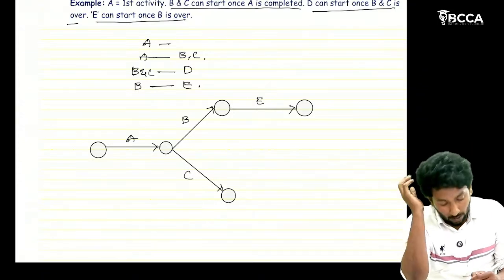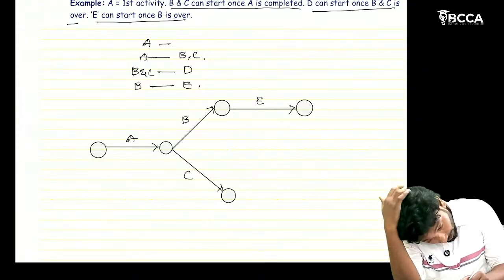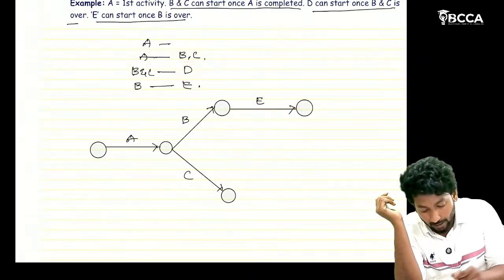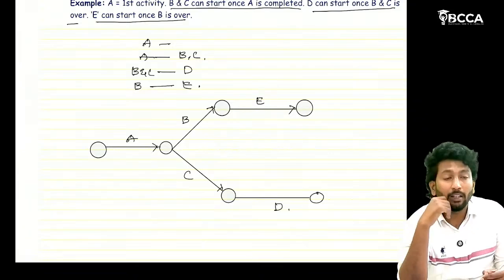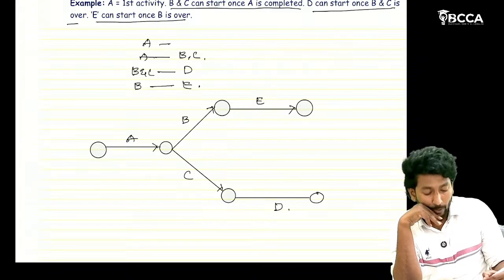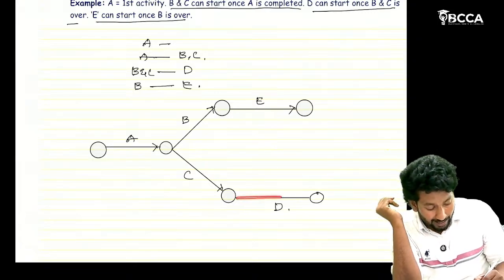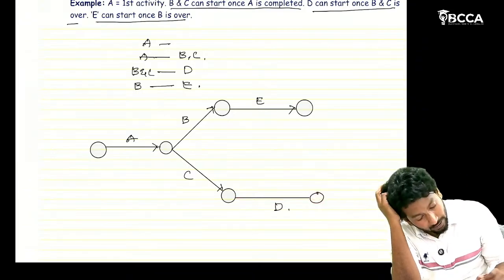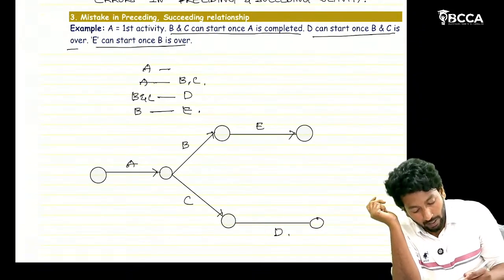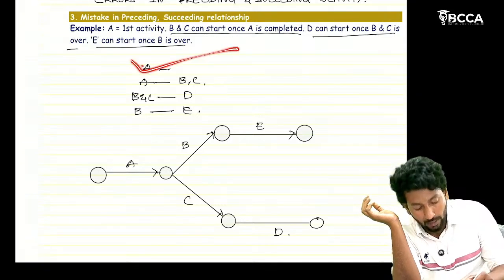Okay, so now we have to draw D, sir. As we have drawn E here, shall we draw D here? Let's say, for example, I have drawn D here. Okay. So just drawing D doesn't satisfy the condition given in the question, sir. Okay, what are the conditions? A is the first activity. Okay, satisfied.